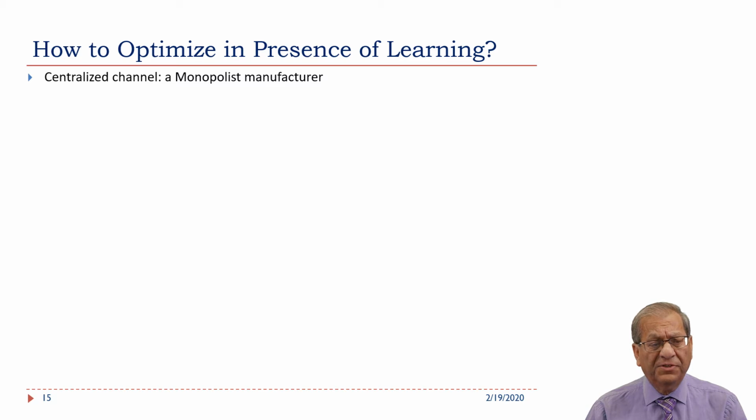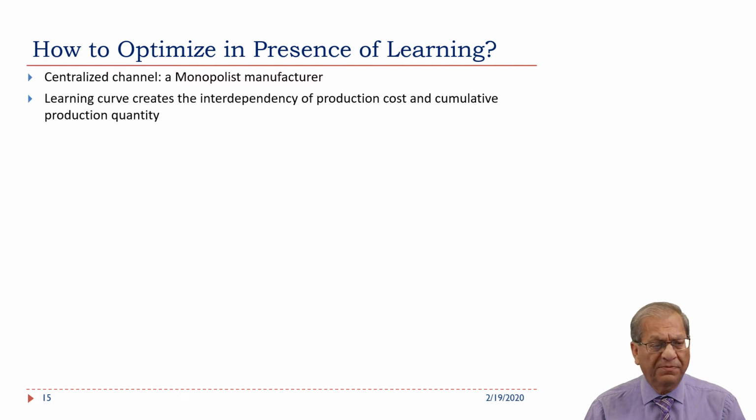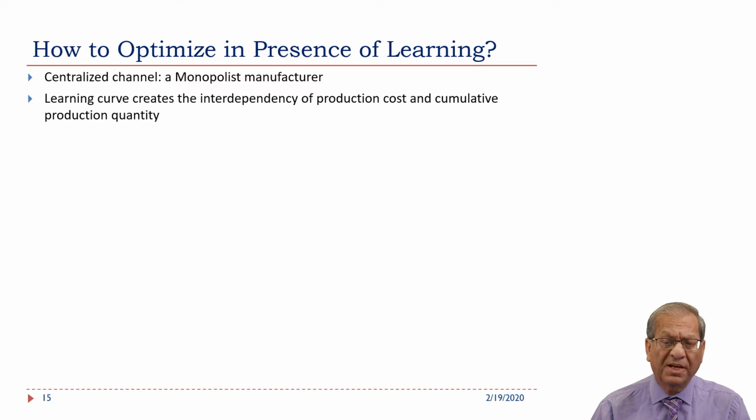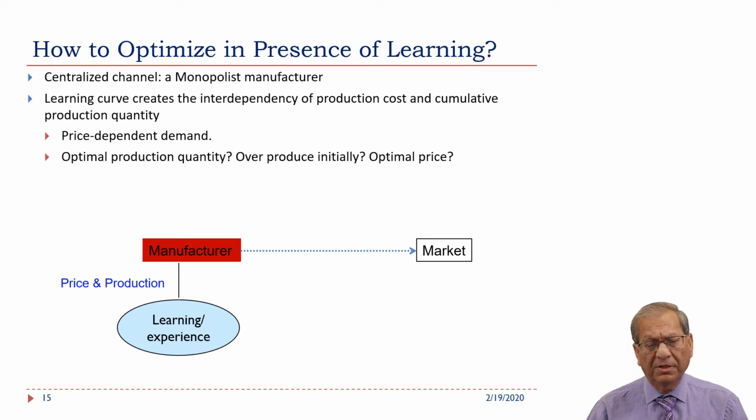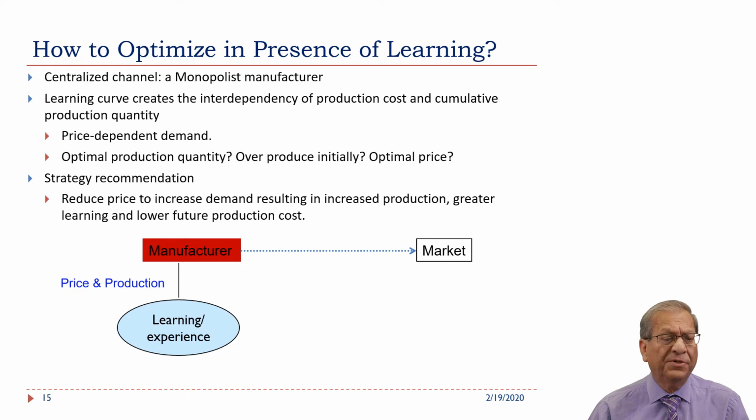Now we will first consider a centralized channel consisting of a monopolistic manufacturer. The learning curve here creates an interdependency between the production cost and the cumulative production quantity. This interdependence is important because it affects our decision in the first period.